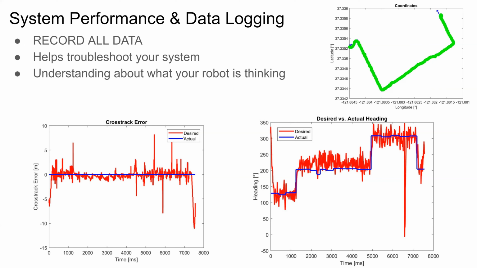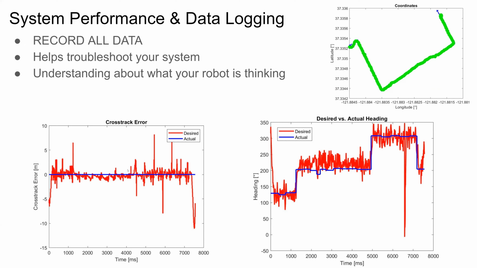And then also I would try to create a nice either MATLAB program or Python program that plots your data, because that also really helps with understanding how well your control system functions.